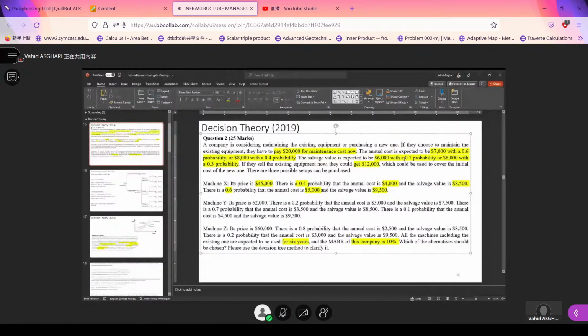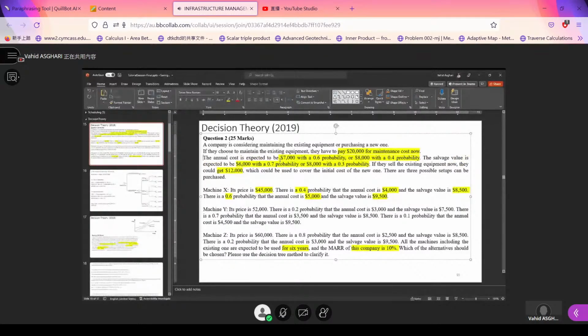If they choose to maintain the existing equipment, they have to pay 20K as maintenance cost now. The annual cost is expected to be $7,000 with 0.6 probability, or 8K with 0.4 probability.